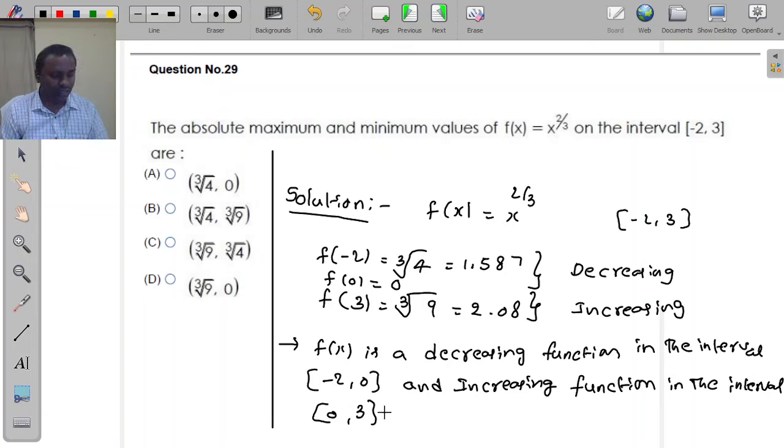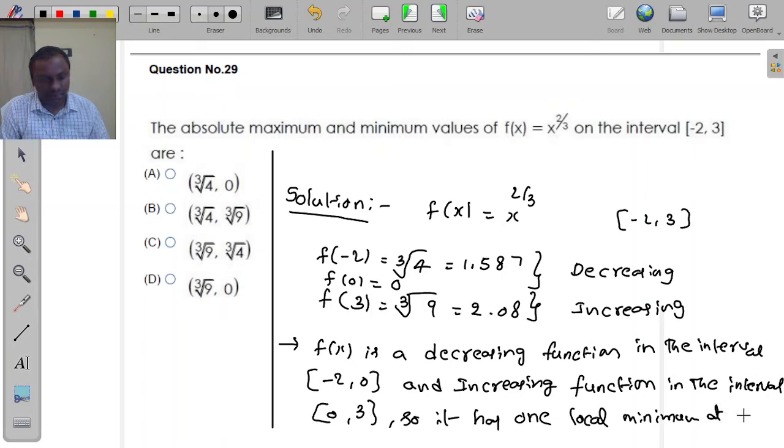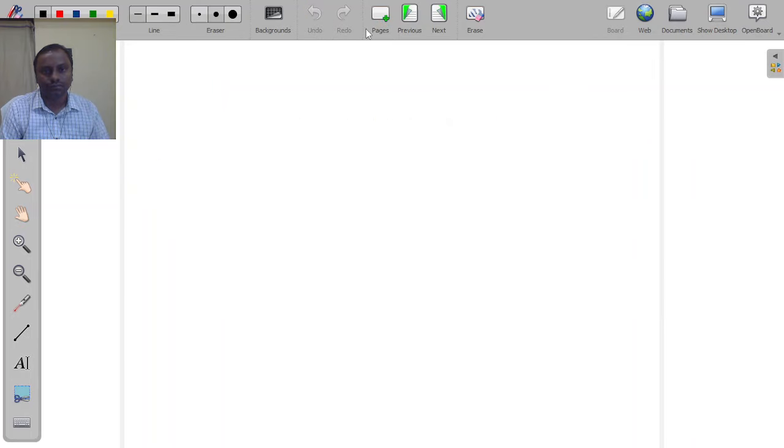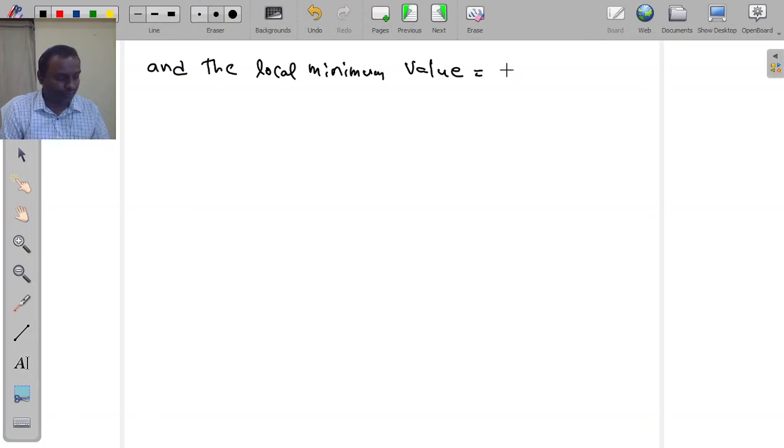So it has one local minimum at x equal to 0, and the local minimum value, f of 0, is 0.